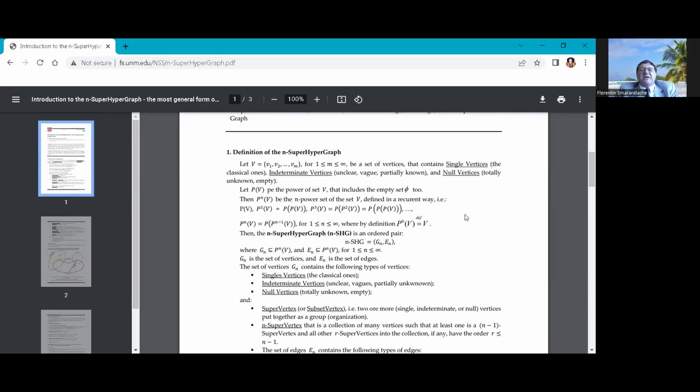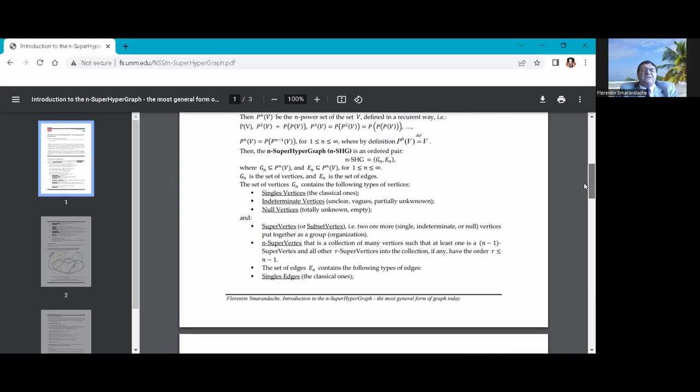So we have power sets as in our everyday life. So we have some individuals, then they're grouped into, let's say, some associations. Then some of these associations are grouped together, put together in other associations, and so on. So that's why we have power set of power set of power set of V, the set of vertices. And same thing for the edges. We have edges that are combined in groups of edges, then groups of edges, and so on.